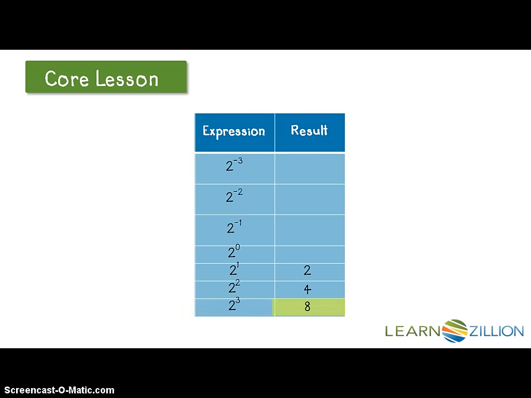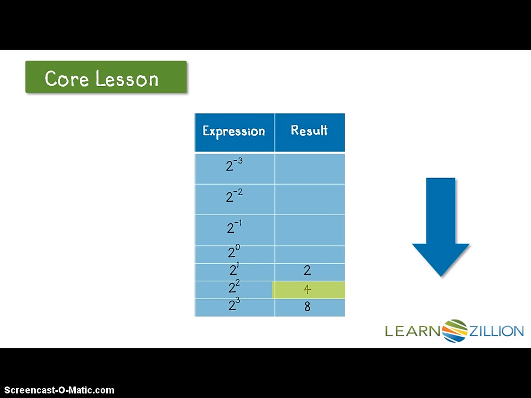So we've just been going down the table, and to go from 2 to 4 and from 4 to 8, we should already see a pattern. Something that we've been working on this year, looking at patterns with the recursive rule and the explicit rules. If we look at 4, 4 was a result of taking the previous term and doing what to it? If you say we're adding 2, then it has to be the same pattern from 4 to 8.